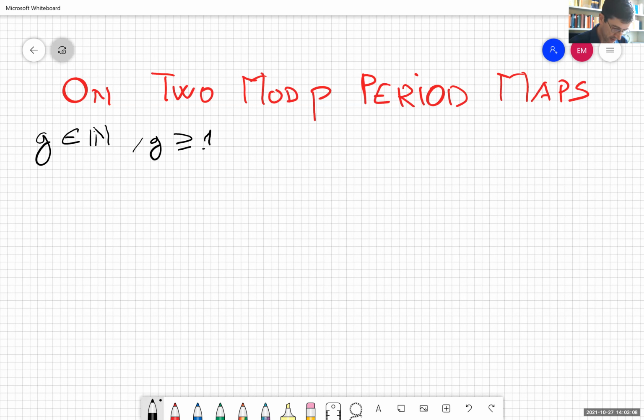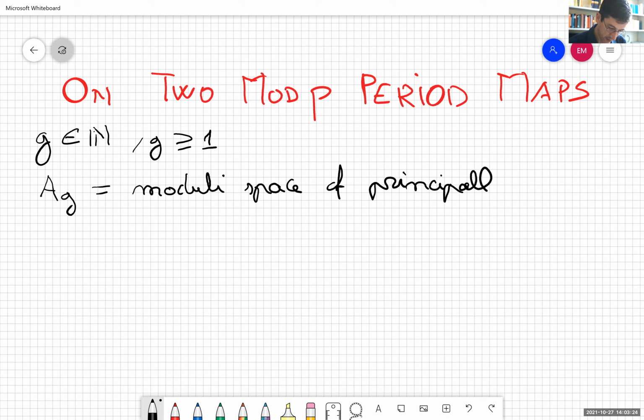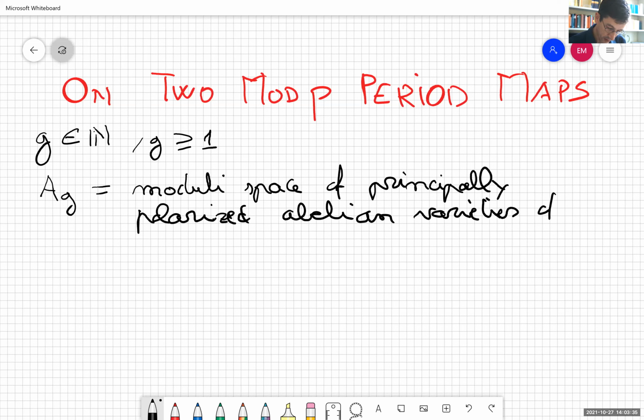So I fix a positive integer g, and the Shimura variety that I will work with is the moduli space of principally polarized abelian varieties of dimension g. So something we can relate to, okay?